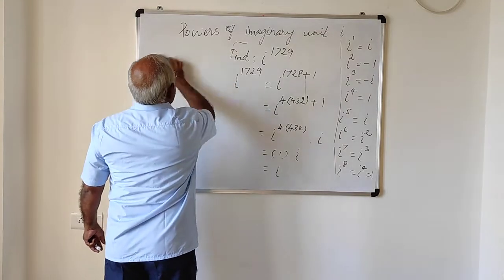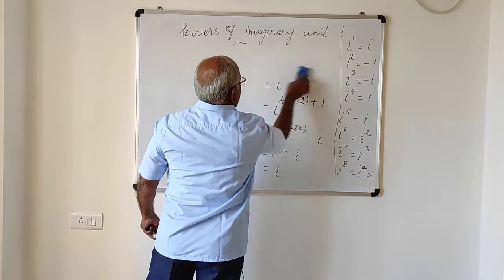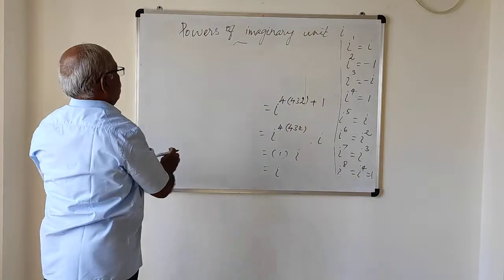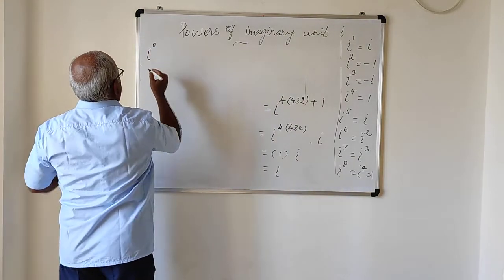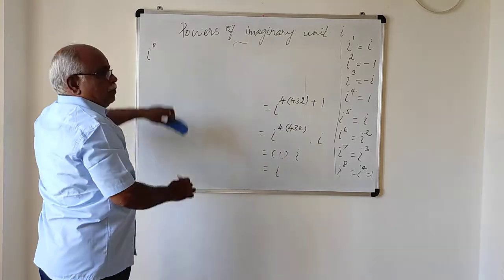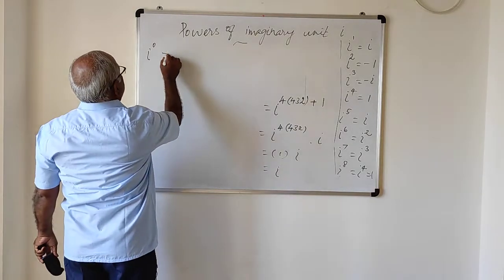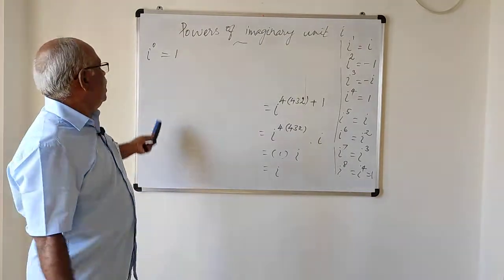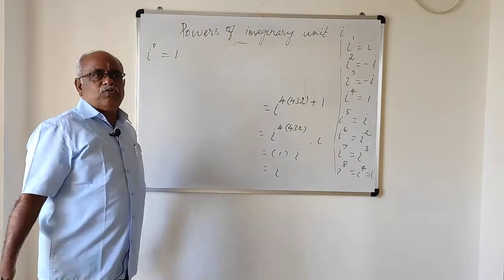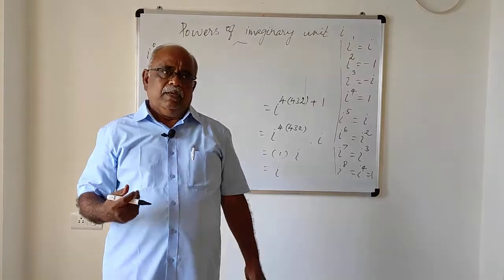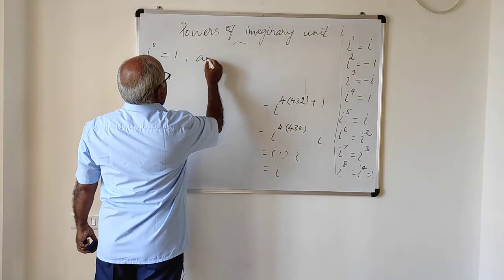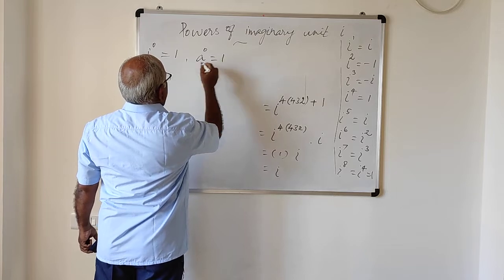Before that, I am going to find out what is i power 0. What is i power 0? I can immediately say this is 1. How can you say this is 1? i power 0 equal to 1. How can you say that? You ask me. In algebra in lower classes, you have studied any base to the power of 0 is 1.